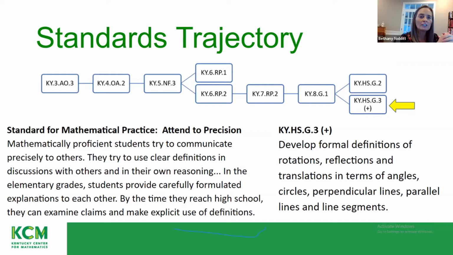But I also wanted to bring to your attention the standard for mathematical practice, attend to precision, because I think this activity really taps into that standard as well. Especially the part where it says they use clear definitions in their discussions. In the discussions you saw in the videos, the students were trying to write their own definitions, so they were really trying to clarify those definitions on their own.